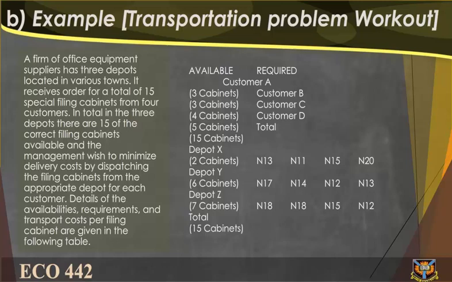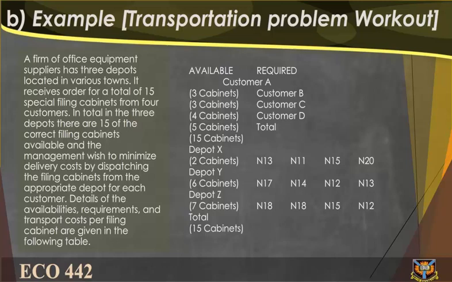B. Example: transportation problem workout. A firm of office equipment suppliers has 3 depots located in various towns. It receives orders for a total of 15 special filing cabinets from 4 customers.